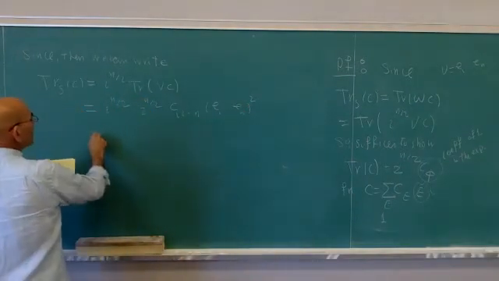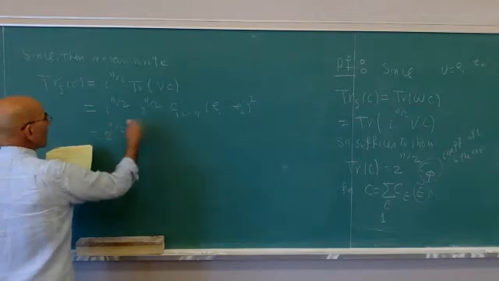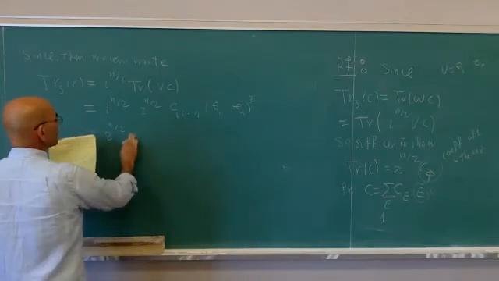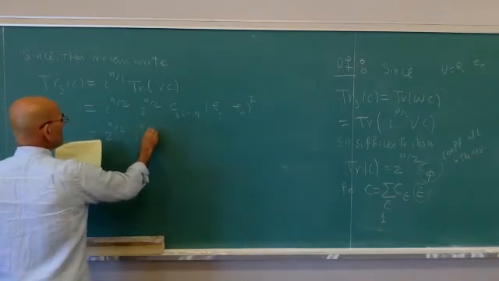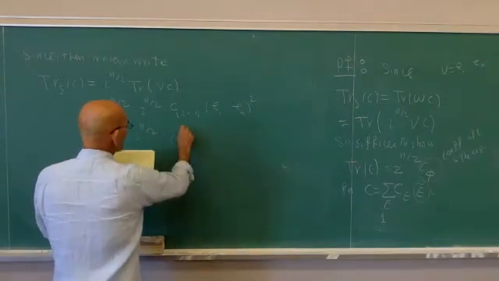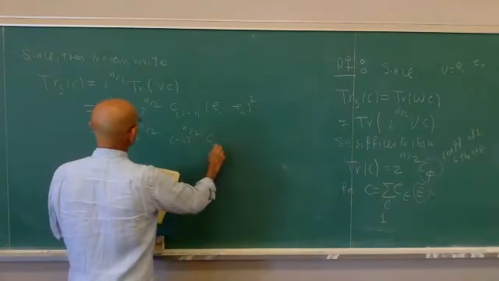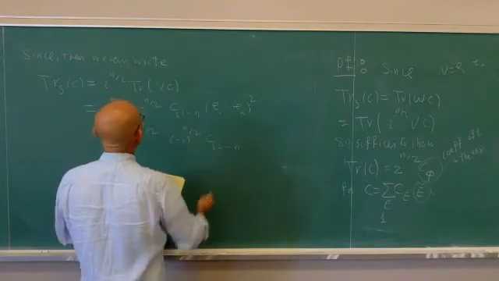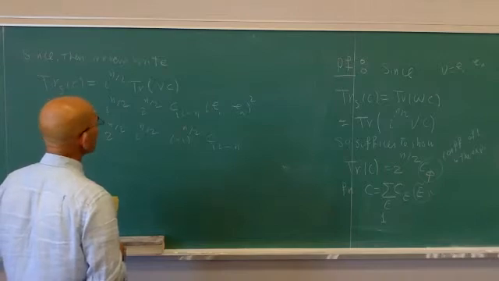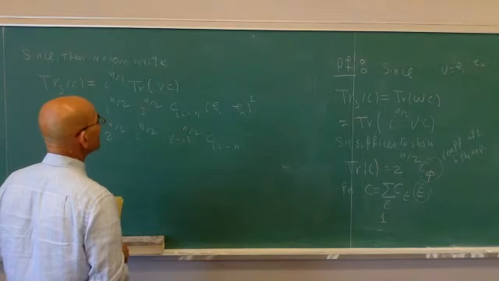So this is equal to 2 to the power n over 2. And then we have 2 to the power n over 2, i to the power n over 2, sorry. And then we've got minus 1 to the power n over 2, C_{1,2,...,n}.